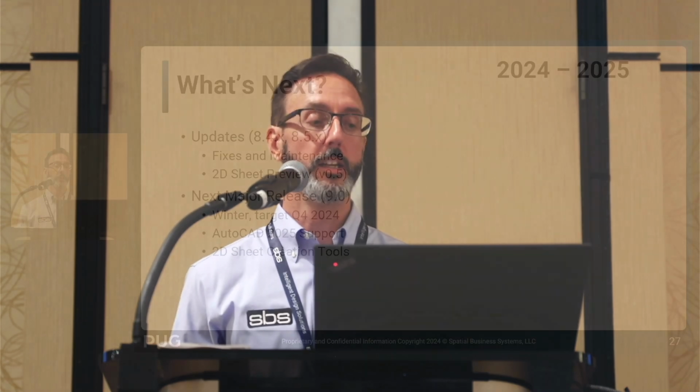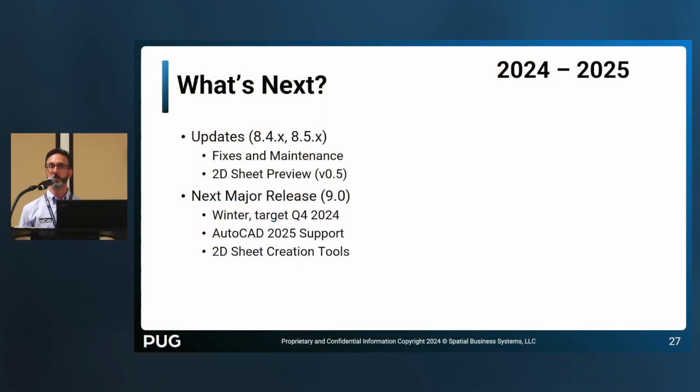For the next major release, we're looking at a major version change, so AUD 9.0. One of the reasons for this is that the 9.0 release will support AutoCAD 2025. And in a second, I'll go into a little bit more detail about that. I don't know how much awareness there is around the changes in AutoCAD 2025.